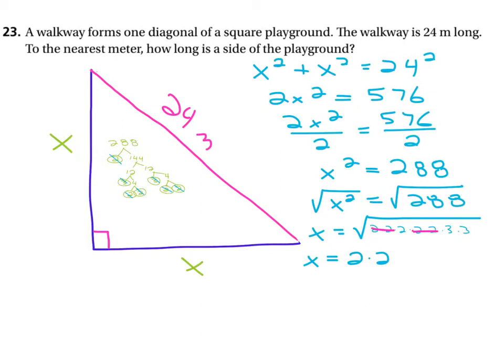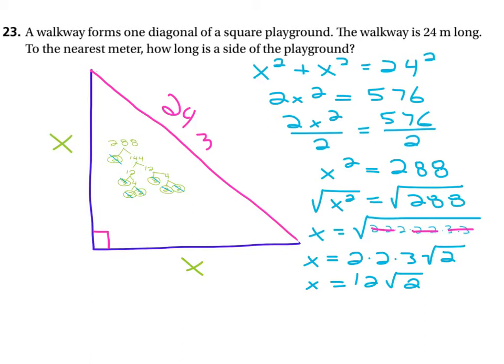And what else can we bring out? We can bring out these 3's as another times 3. Well, what's left inside? You can see that there is a 2 left inside. That doesn't have a match, so we got to leave it inside. And what we get is x equals 12 root 2.